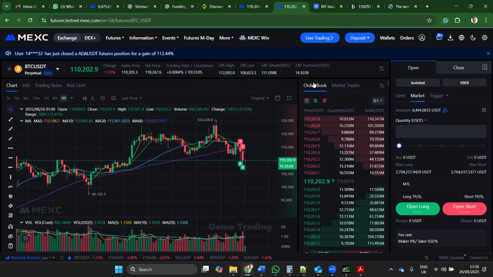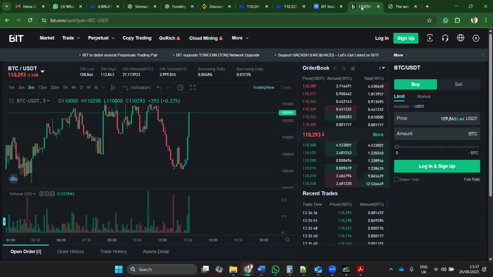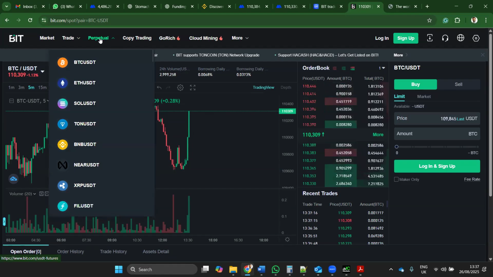Now, the project that we're going to do, it's very important to understand this: the order book in the futures market for MEXC, they have their own order book, their own database of these prices going up and down. This exchange, Bit, will have its own order book. You see there's an option here, perpetual, which is futures trading.